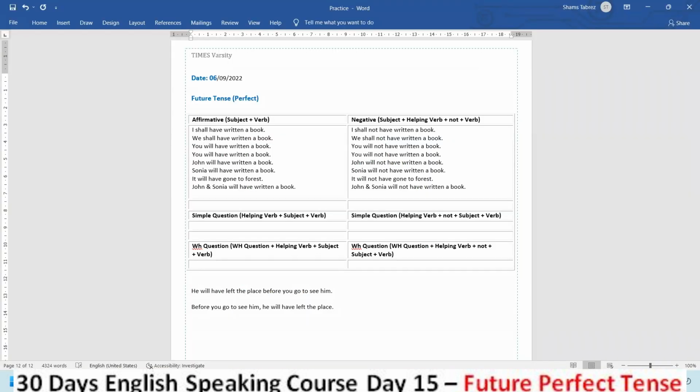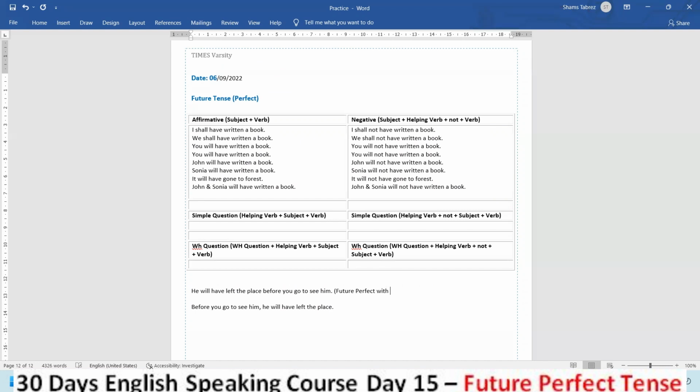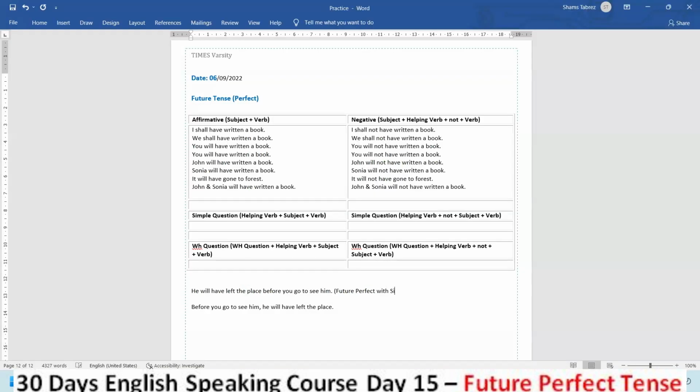Okay. So here what we are doing, here first we have future perfect, he will have left the place, which is future perfect. Then you go to see him is present, it's the indefinite, present simple.